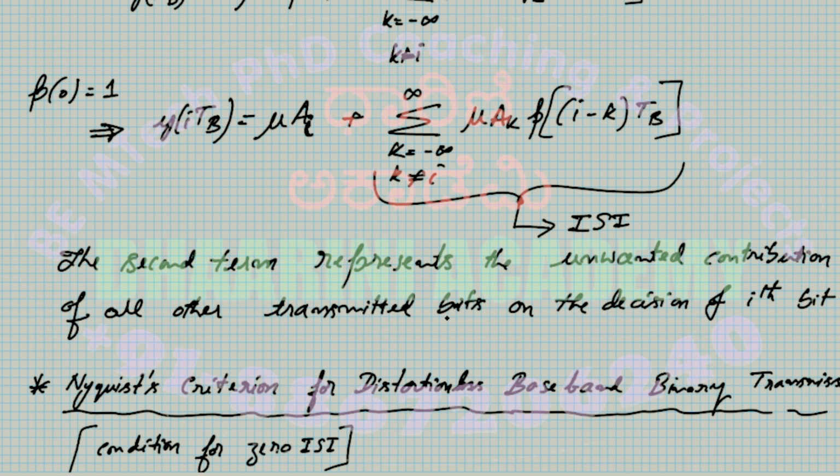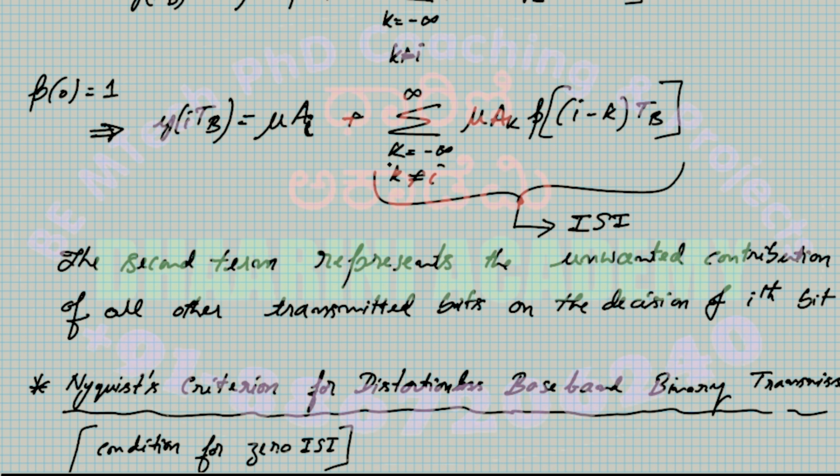But since it is not equal and k is all the way from minus infinity to plus infinity, it means it is the effect of all the other transmitted bits on the decision of the current bit, right? So you see, if the current bit amplitude is less and if you have other amplitudes larger, definitely the receiver is going to make an error. Correct? So that's why this unwanted component is what we refer to as ISI in communication, inter-symbol interference.